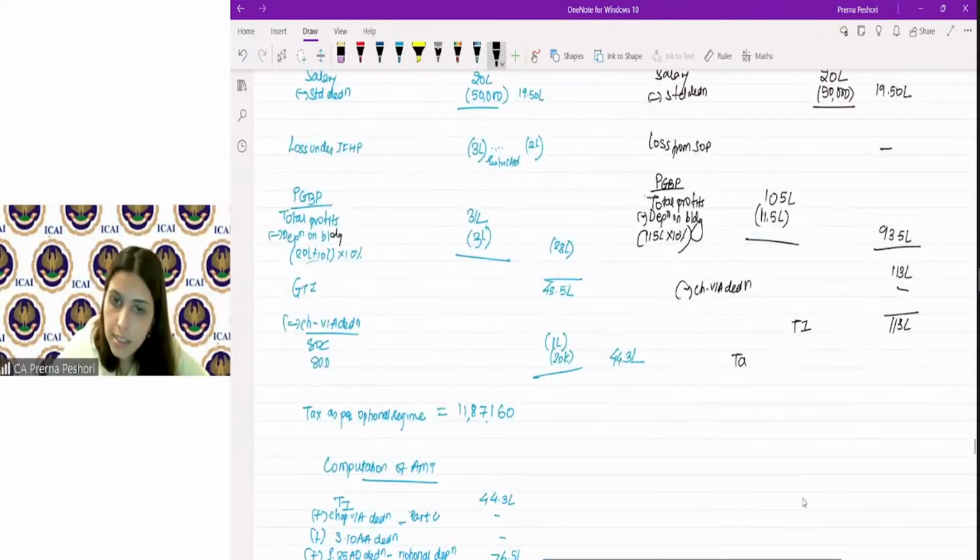Now, tax under section 115BAC. What shall be the tax under section 115BAC?